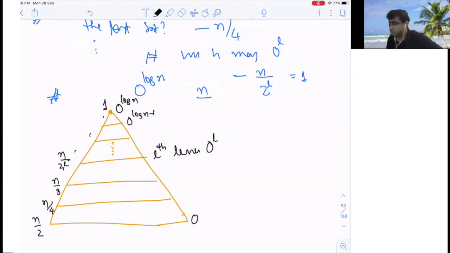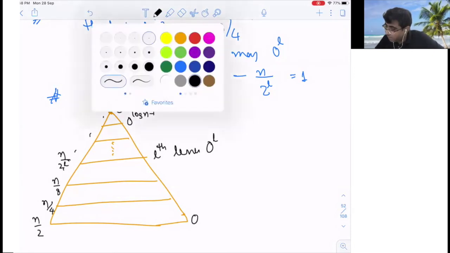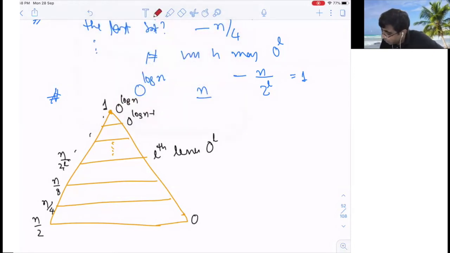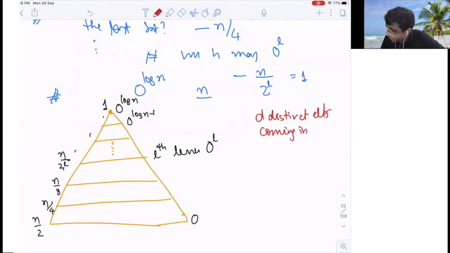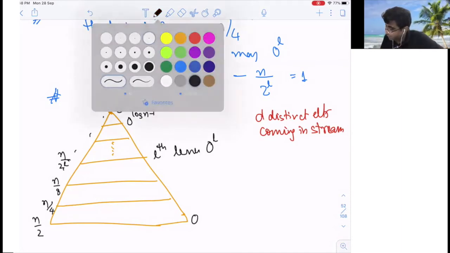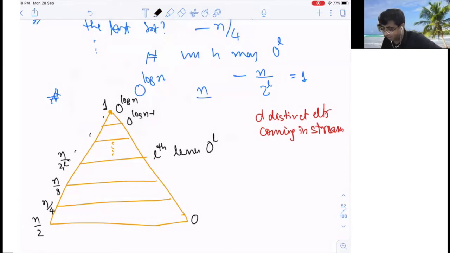Agreed? Now suppose we have d distinct elements which are coming in a stream. Let's ask ourselves, out of these d elements, how many will you see at the 0th level?